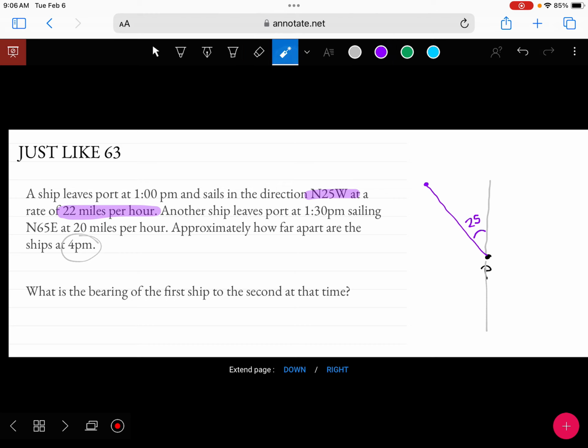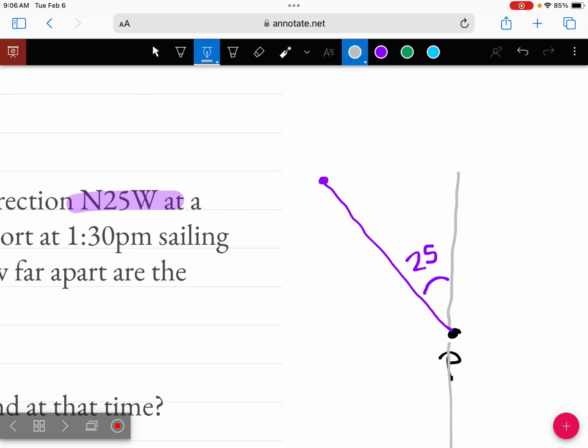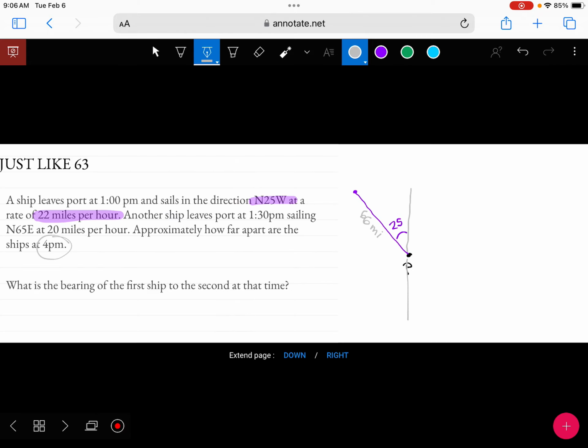So how many hours has it been boating? It's been going for 3 hours, right? If it is going 22 miles an hour, how far did it go? 66 miles. So this purple line is 66 miles long.